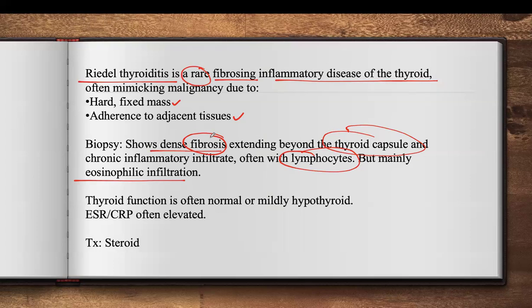Another name of Riedel's thyroiditis is fibrosing thyroiditis, because it causes fibrosis. Because it is causing fibrosis, that's why it becomes hard and fixed.